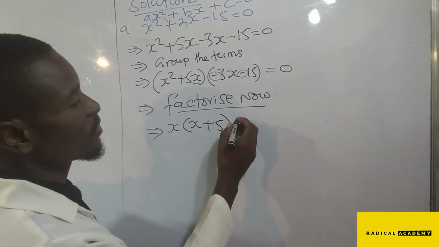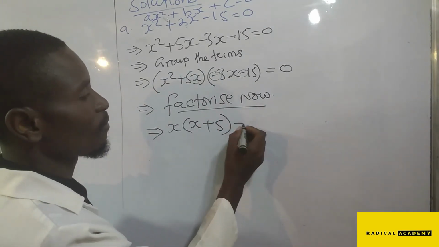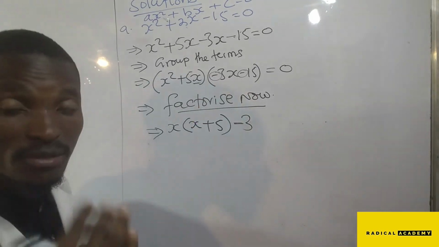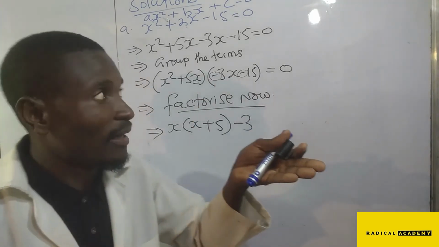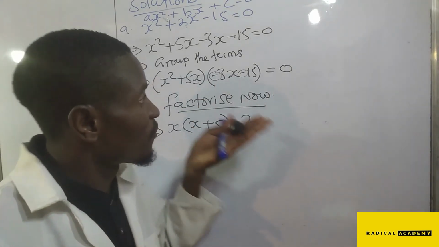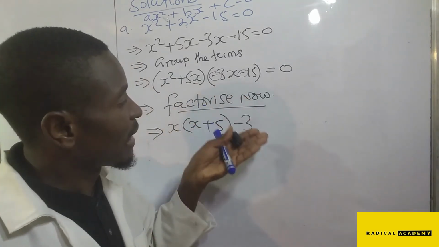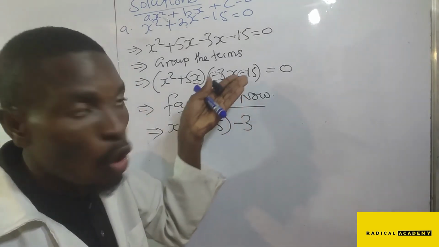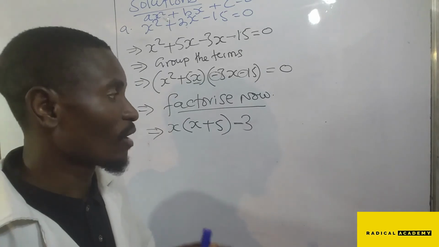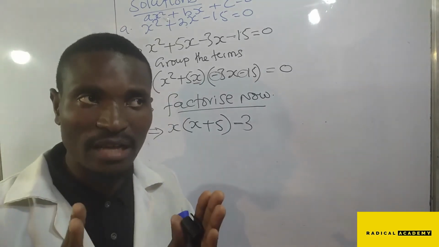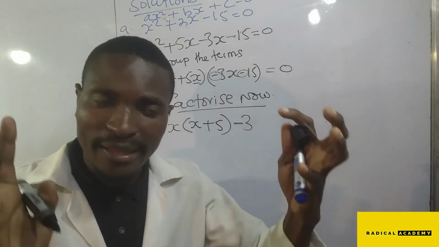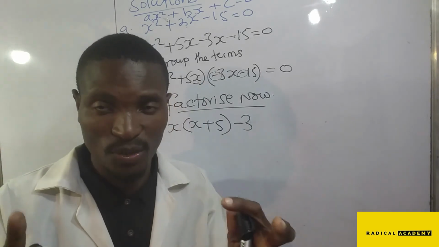So I'm going to say negative 3 outside, because it is common. Negative 3 can be divided into negative 3x, and the same negative 3 can go into negative 15. So negative 3 has been identified to be the common factor in both terms.